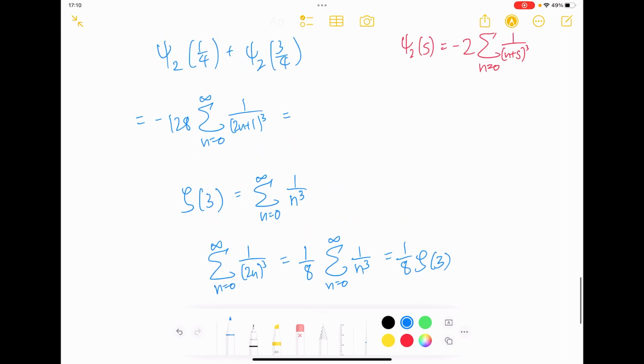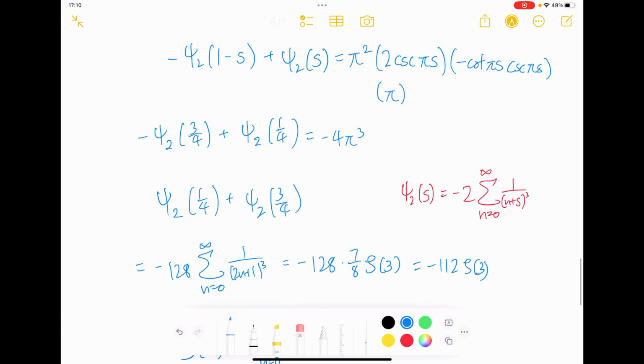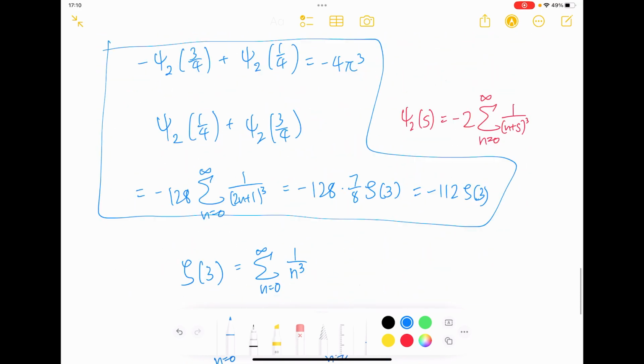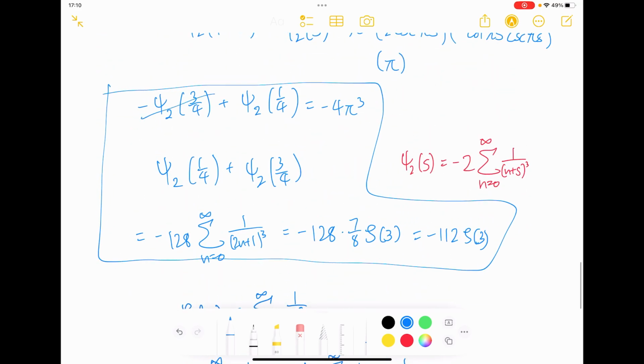So this is exactly minus 128 times 7/8 zeta 3. And 128 divided by 8, that should be 16. 16 times 7 is 112. So that's negative 112 zeta 3. And if we add these two equations together, we're going to get, well, let's see. These two cancel out.